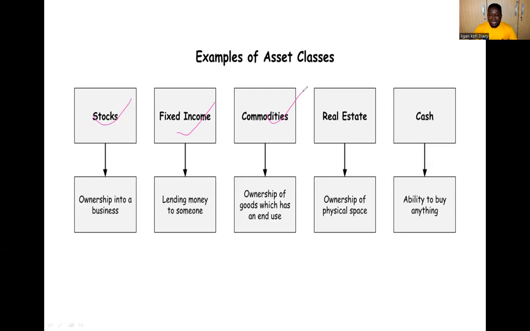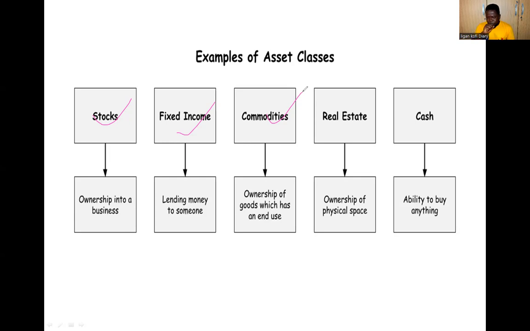They rent their land space for other activities and a whole lot. So real estate has to do with ownership of a physical space, whether it is a plot of land, a building, or an office, whatever you own which has to do with a physical space. Then you are in the real estate asset class.